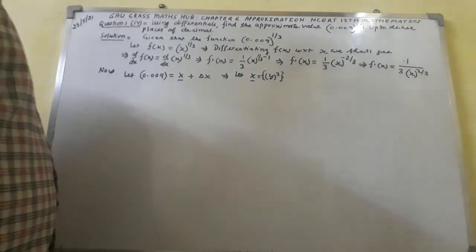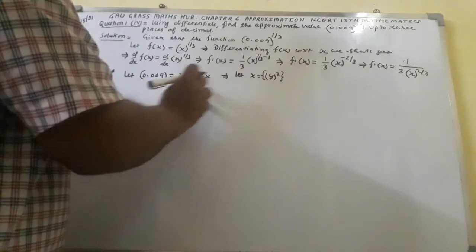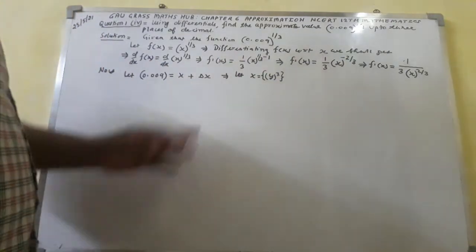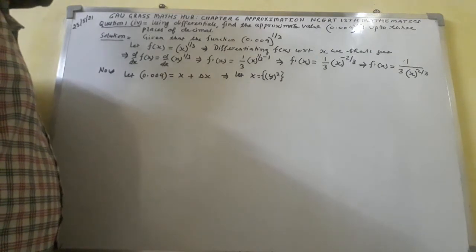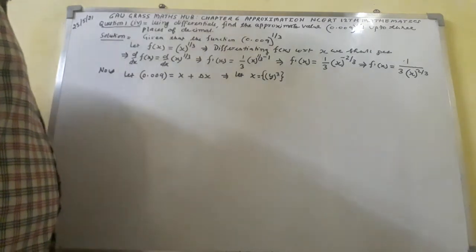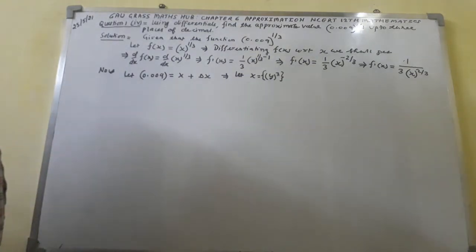Now what will we do next? Next, get the value of y. Assume the value of y. How will you assume the value of y, from where will you take it?